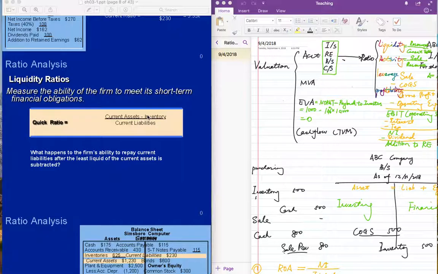And that is the least option firms are willing to take in order to meet current liability needs. Therefore, if your firm never considered using inventory to pay off your short-term liability, it is wise for you to subtract inventory from current assets to give you a valid measurement of your ability to pay off short-term obligations, to see whether you have sufficient resources to pay off your current liabilities.